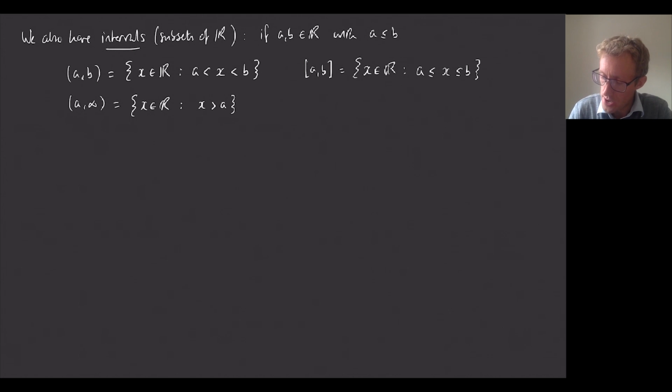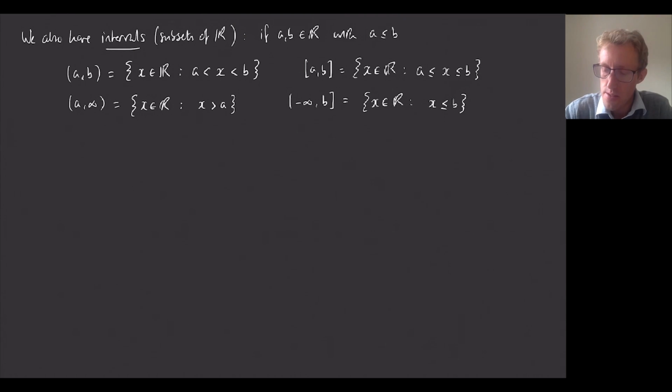Or we could have, for instance, (−∞, b], let's make it closed this time, that would be the set of x in the real numbers such that x is less than or equal to b. Okay, so those are intervals, and you'll see lots of those in analysis especially.